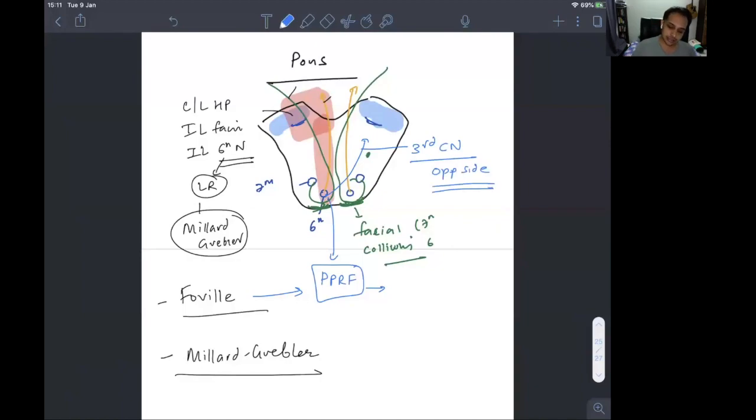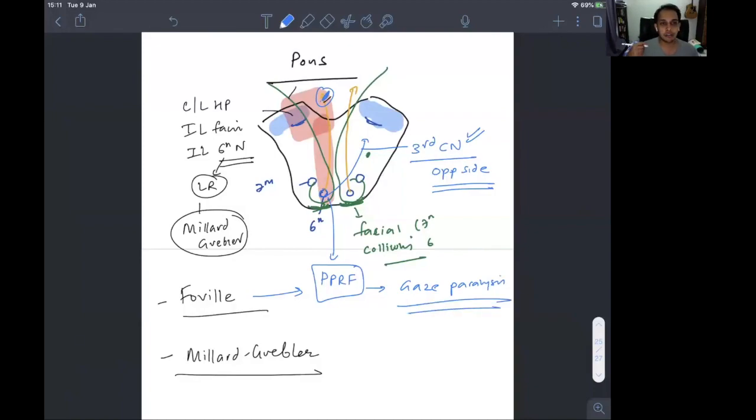If only your sixth nerve is gone, then your PPRF is spared, so your opposite third cranial nerve is working fine. But if your PPRF is gone, then not only is your sixth nerve gone on the same side, but your opposite third cranial nerve also doesn't work properly. So this leads to a gaze paralysis, not just a nerve paralysis.